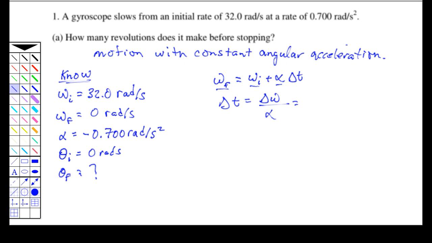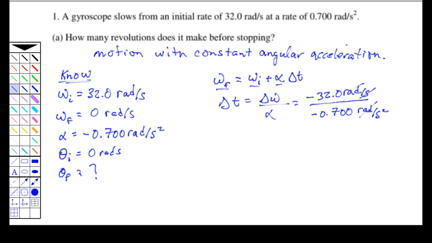Our change in omega, remember we go from a rate of 32 radians per second to 0. So our change in angular velocity is negative 32.0 radians per second, and our acceleration, of course, is negative 0.700 radians per second squared. Note that our radians cancel.